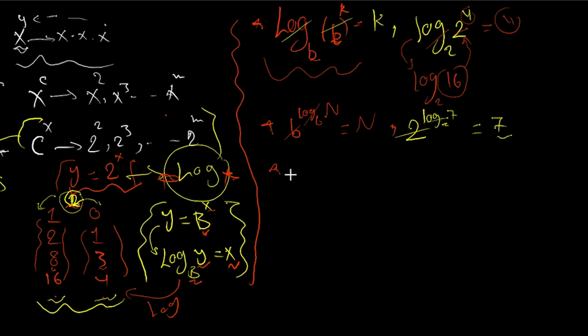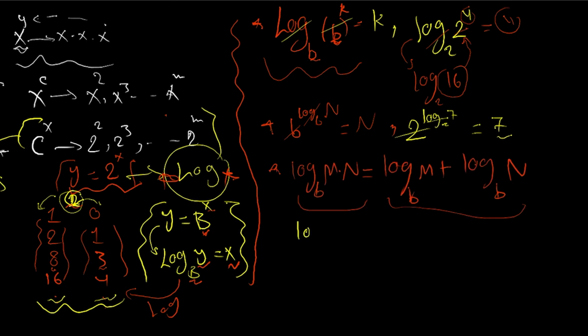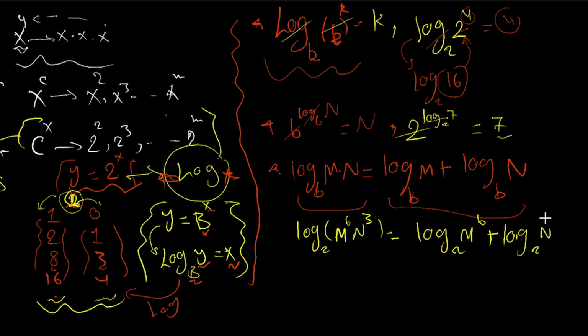Now the third property says the following. Say, for example, I get log base 2 of m to the power of 6 multiplied by n to the power of 3. That is exactly as if log base 2 of m to the power of 6 plus log base 2 of n to the power of 3.